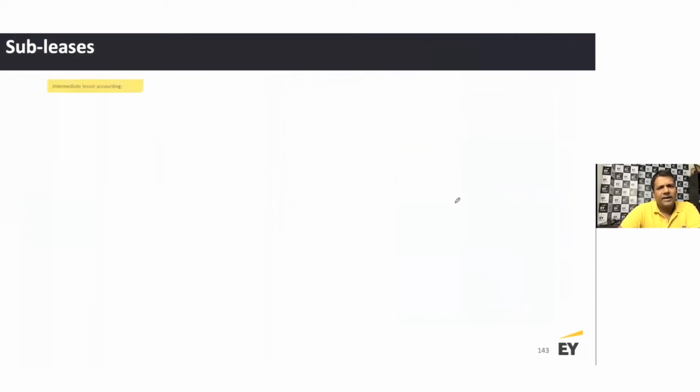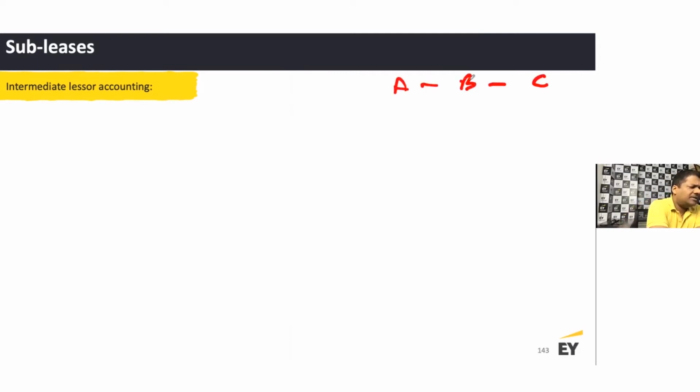The original lessor accounting, which is A, doesn't change. We are largely going to talk about accounting for B and C, and essentially the impact is on B.